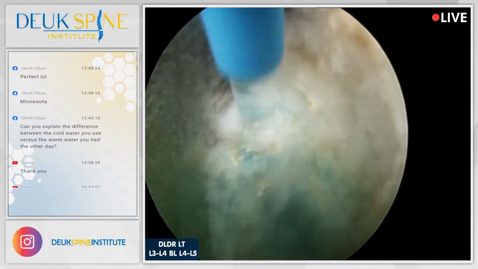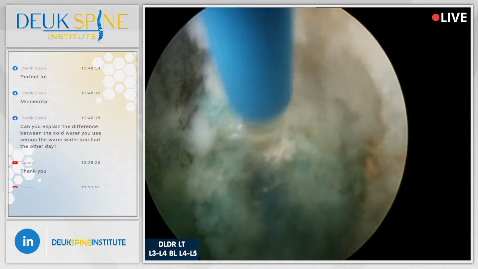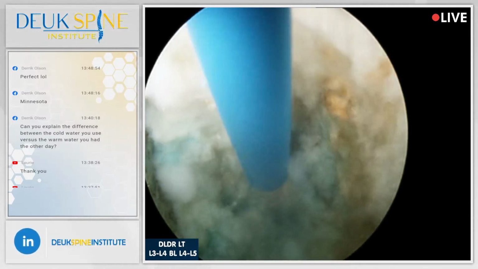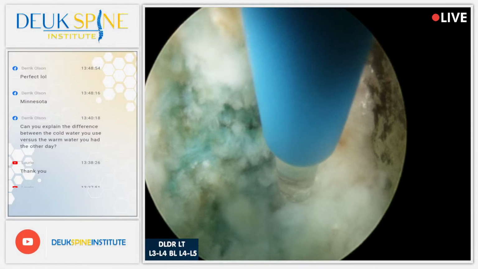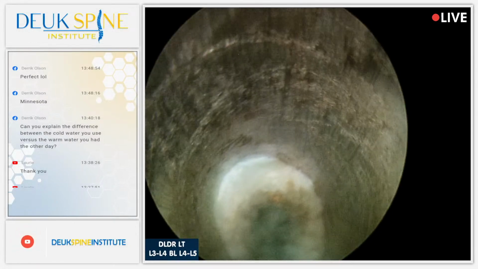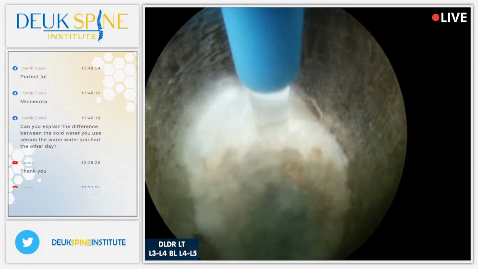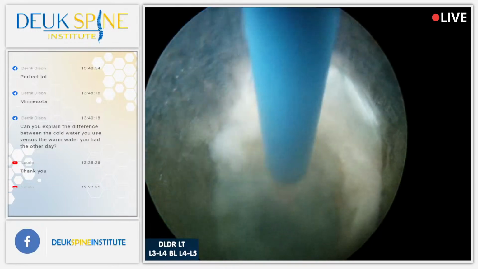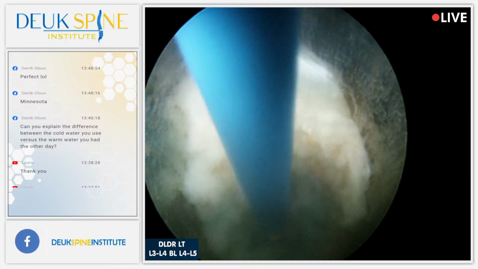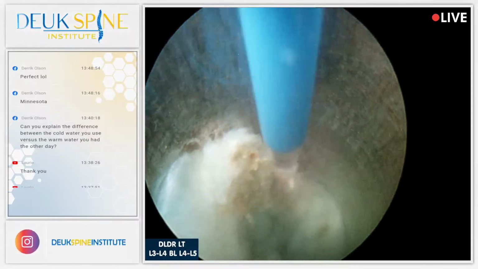So basically, as the laser is transferring its electromagnetic radiation energy, which is a form of physical energy, into breaking the bonds of the proteins in the disc herniation, when it's doing that, some of that energy is lost as heat. And as a matter of fact, it's pretty substantial. So the tip of the laser can heat up to a high temperature.